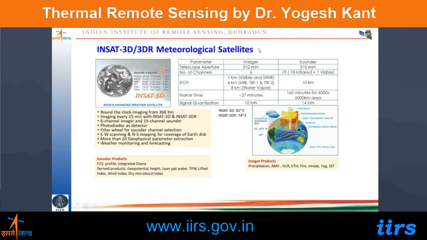This is used for Earth observation features, for example the sea surface or the land surface, or accidental fires, the forest fires and all that. And the sounder is for atmospheric profiling or different atmospheric parameters like temperature, humidity, water vapor.